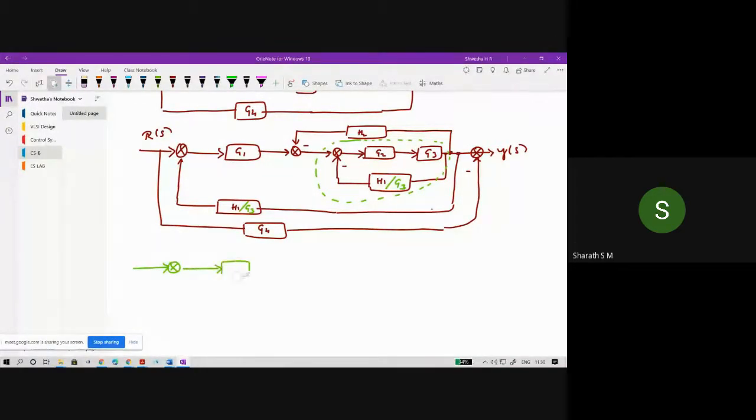So here we have G1. So G2 G3 divided by 1 plus G2 G3 into H1 by G3. That H2 is acting as a feedback, so we can write it downwards also. So there is no problem. So here we have H2.